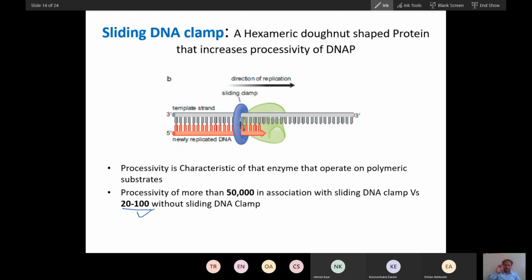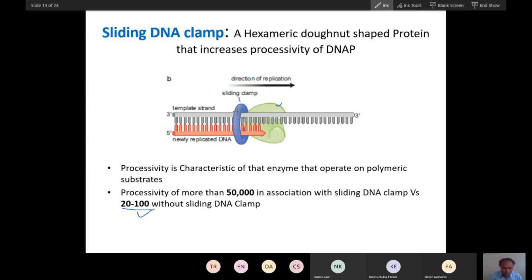It forms a ring around the DNA, and that provides an attachment to DNA polymerase. This ring goes around the DNA, and the DNA polymerase gets an area for interaction with this sliding clamp.